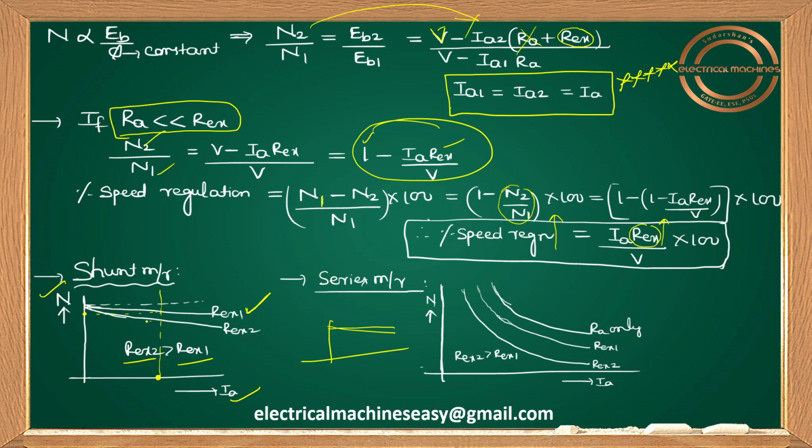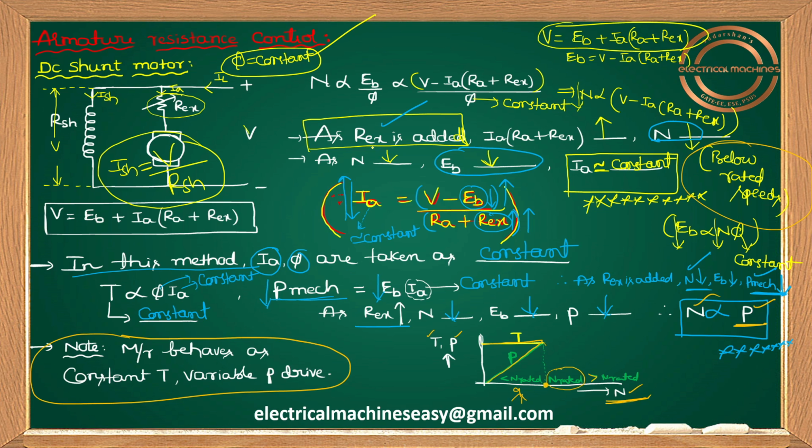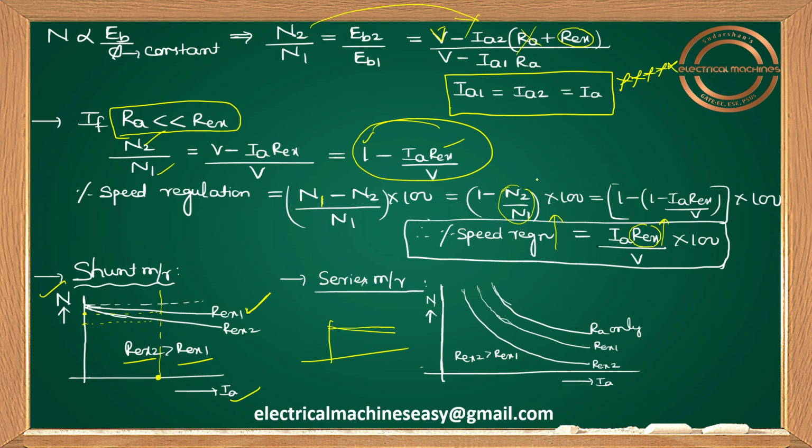If I increase the resistance in series with armature, everybody knows that after adding RX value, you are going to have lower speeds. So if RX value is more, definitely your speed will be reducing. Compared with the first case, for REX2 your speed is somewhat reduced here. That's the reason why your graph will be drooping only, and the REX2 graph will be somewhat below REX1.